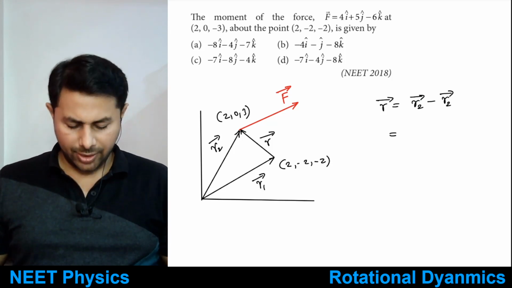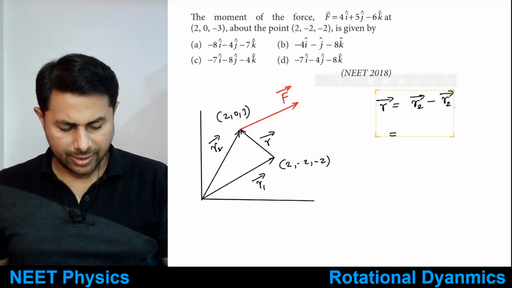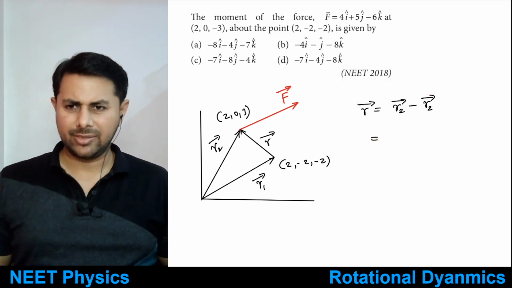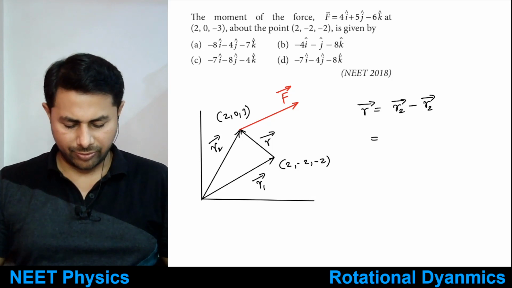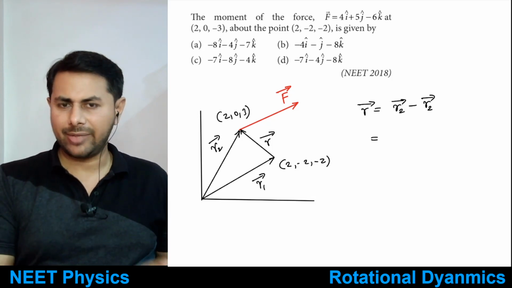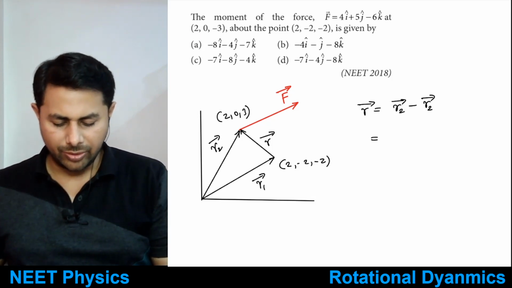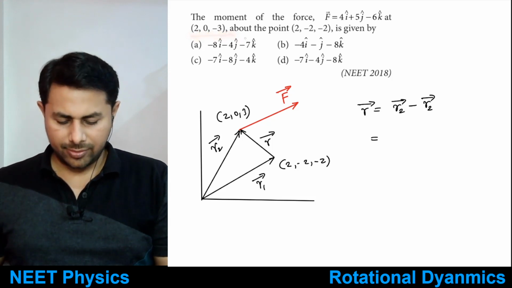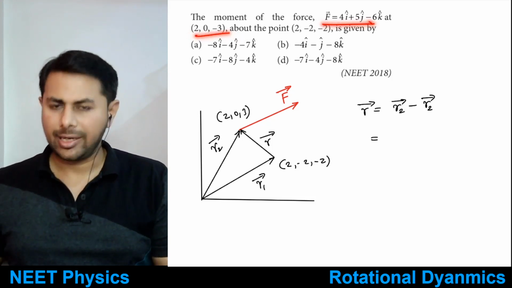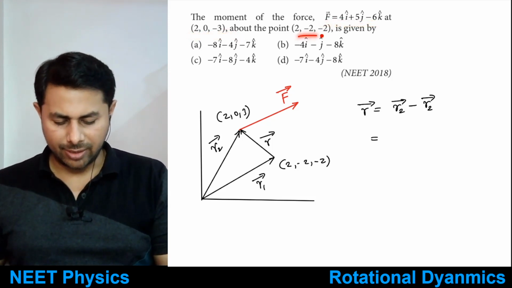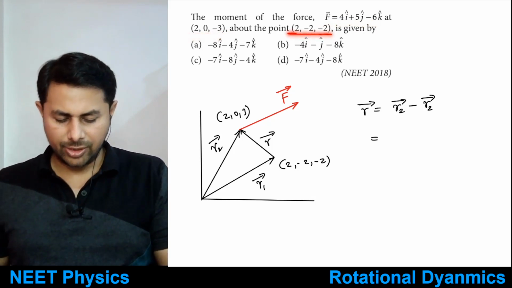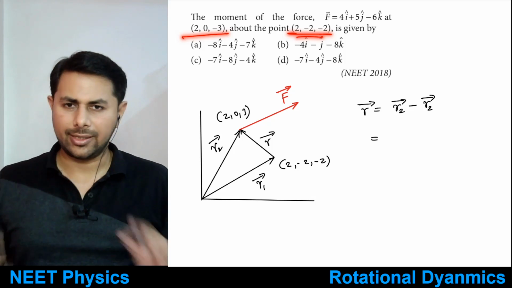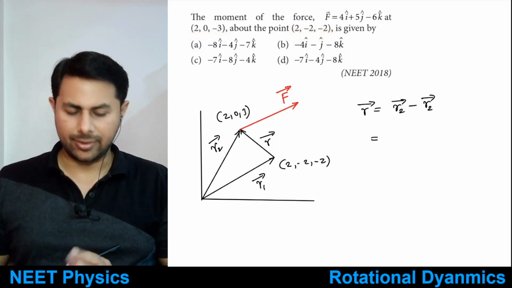Okay, so here I guess we found displacement, it's similar to that. But this kind of a problem we are seeing for the first time, that's why I'm explaining this. Suppose you want to find the torque of this force, which is acting at this point, about this point. You will just subtract position vector of this one from this one, and that is your R bar, right?